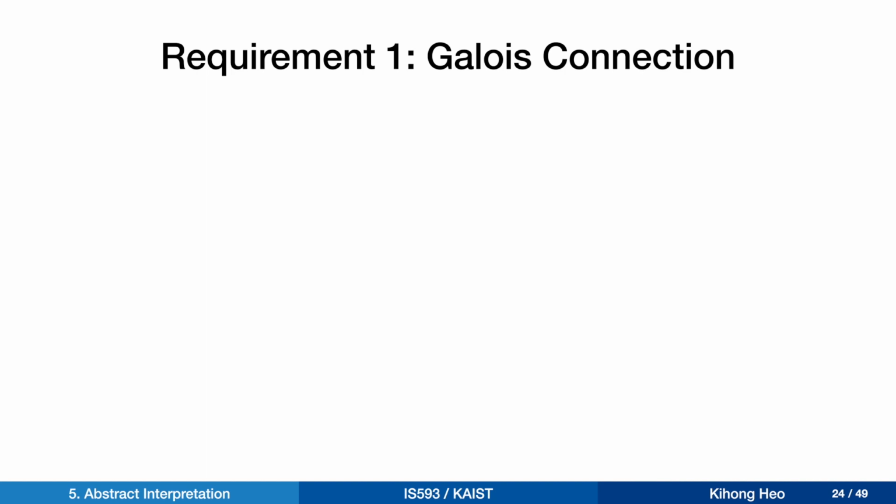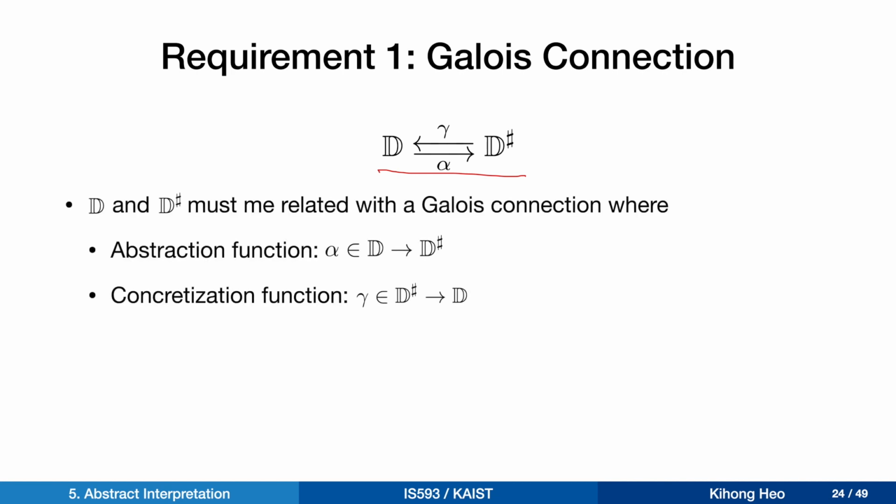There are two requirements to ensure the soundness of abstract semantics. The first requirement is called Galois connection, denoted by this notation. This Galois connection describes the relationship between the concrete domain and the abstract domain.